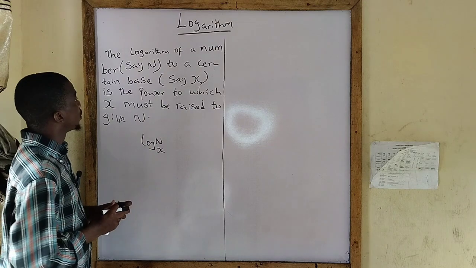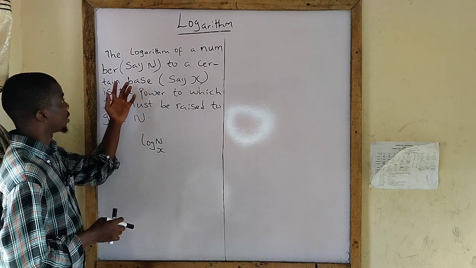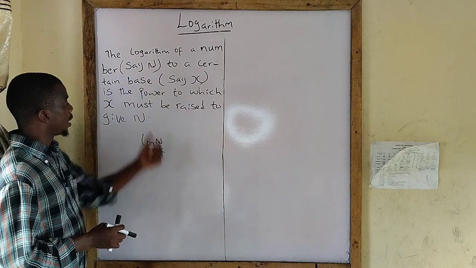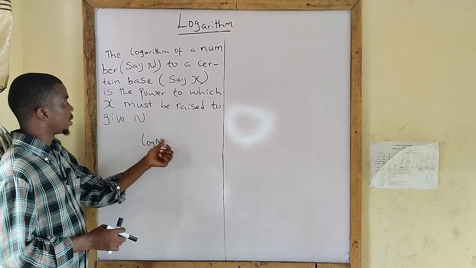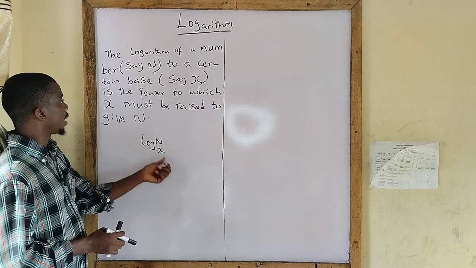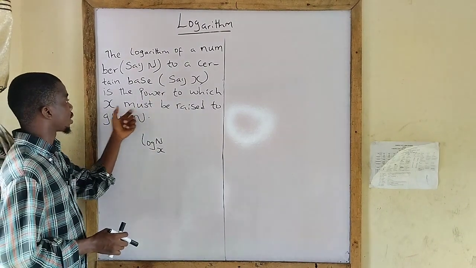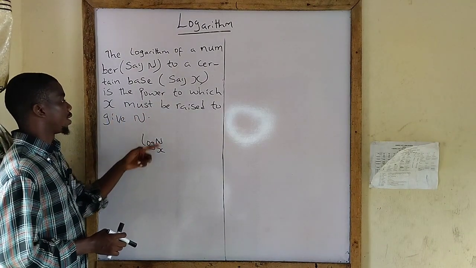The definition says that the logarithm of a number n to a certain base x is the power to which x must be raised to give n.